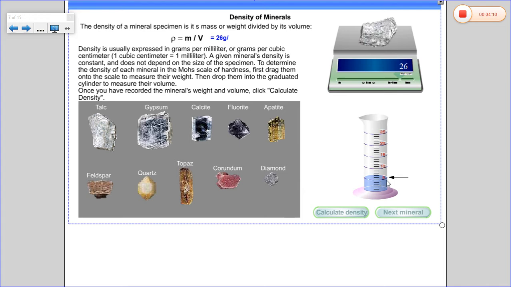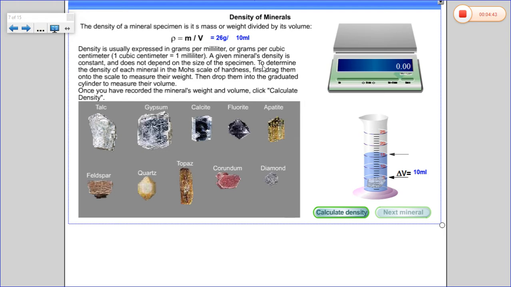Now the volume of water here is 5 centimeter cube. When we put the rock inside the cylinder, the volume increased to 15 centimeter cube. So delta V, the change of volume, will be 15 minus 5 equals 10 milliliter. Milliliter is equal to centimeter cube.